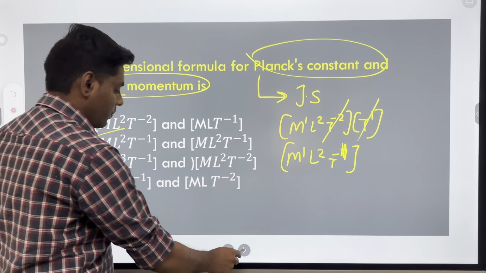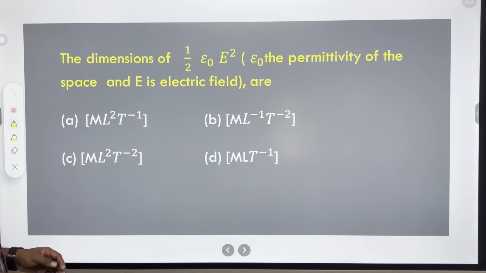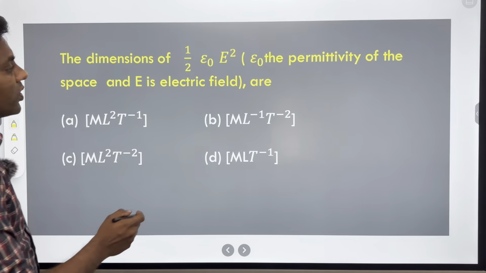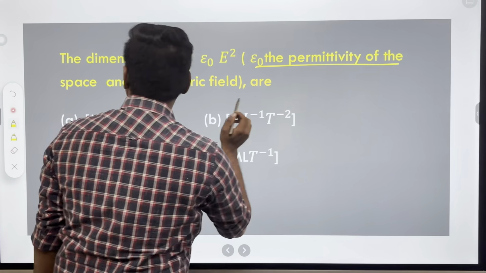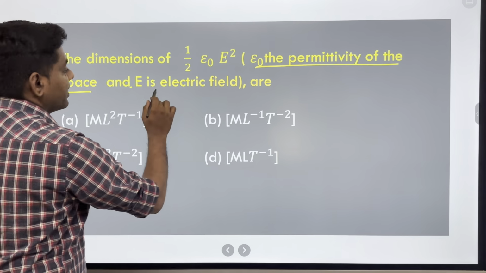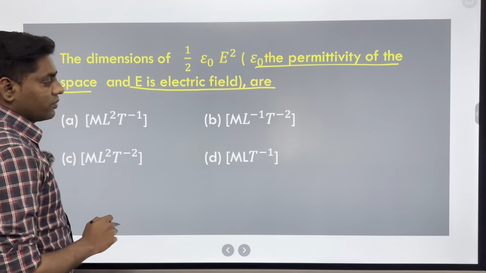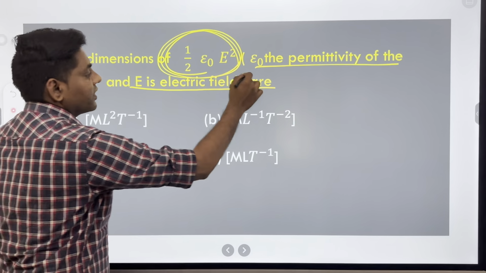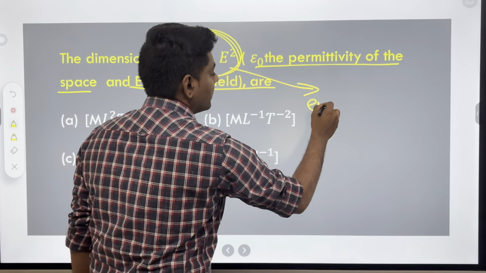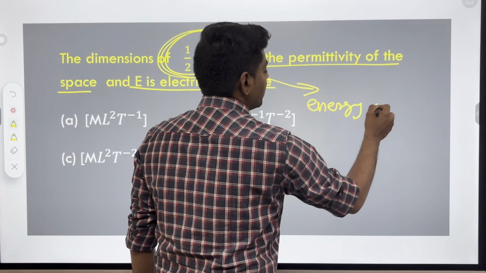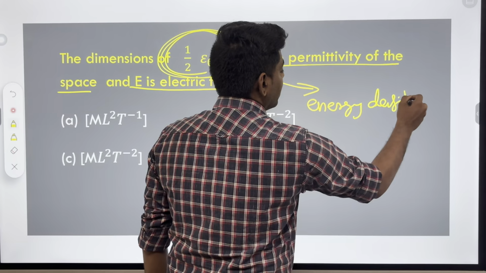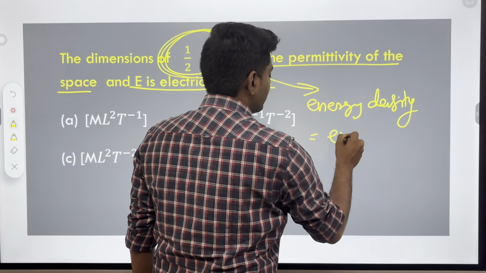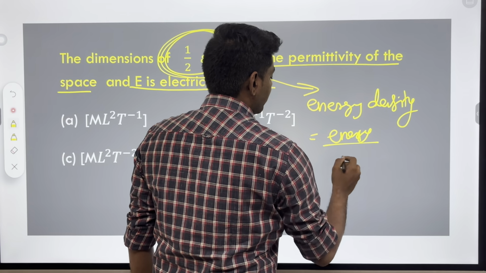Next MCQ. The dimension of 1 by 2 epsilon naught E square. Epsilon naught is the permittivity of space and E is the electric field. Very simple. Remember, this is the formula of energy density. Energy density means energy per unit volume.